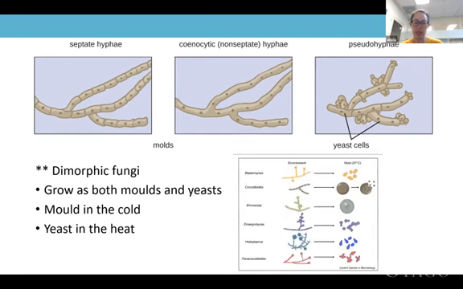These things aren't that common in New Zealand, but they exist overseas. In America, there's lots of histoplasmosis and coccidioidomycosis, and you can see here on the left-hand side, in the environment they're growing as molds, so they've got the hyphae and the little sticks off with the conidia, and then in the host, the human, they're in yeast form.